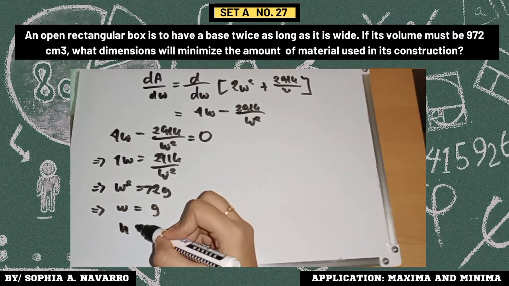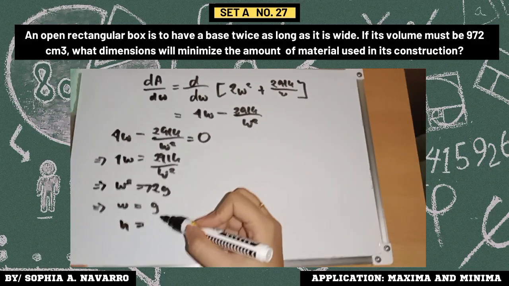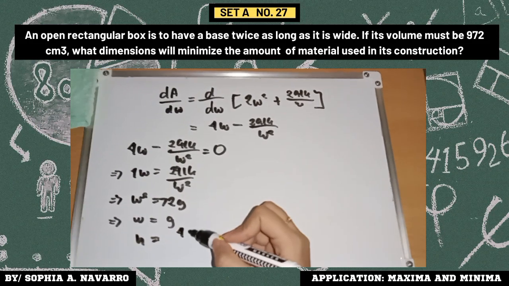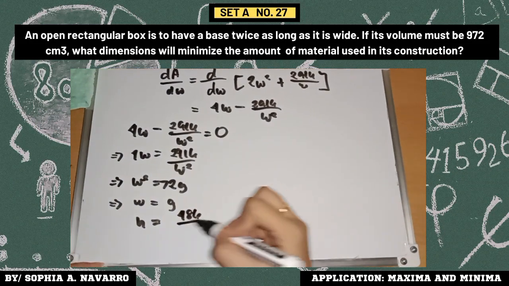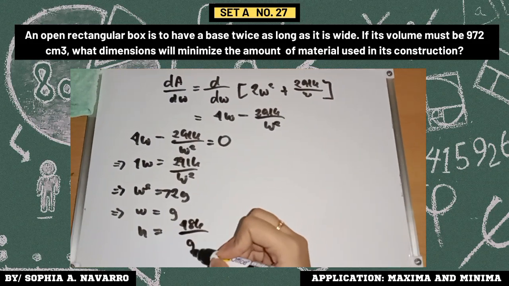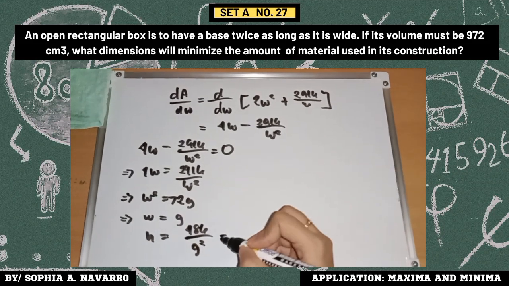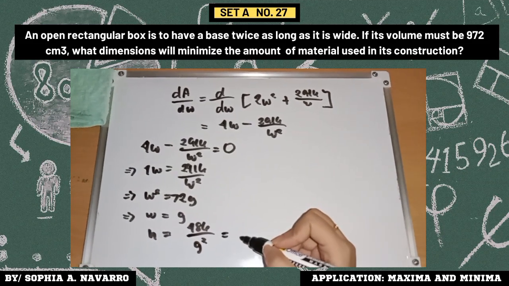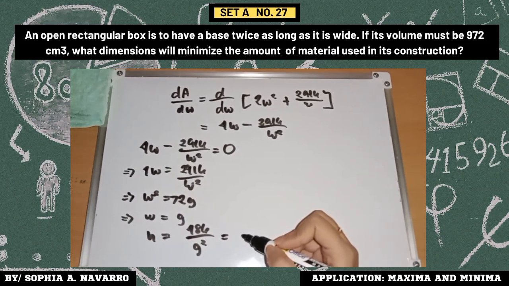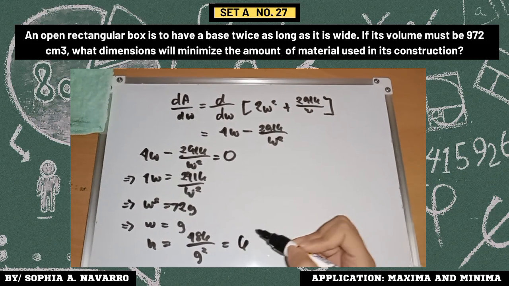H, or the height, will be equal to 486 over 9 squared, which equals 6.